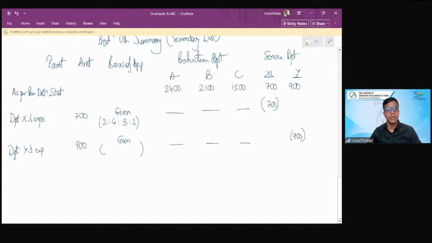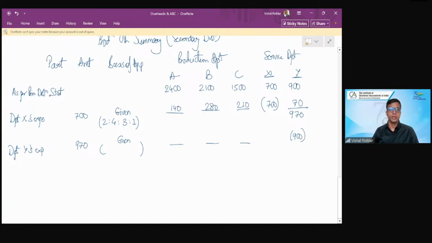So 700 divided in this ratio: 140, 280, 210, 70. Now I make a total here, 97. So what I will be distributing is 970.